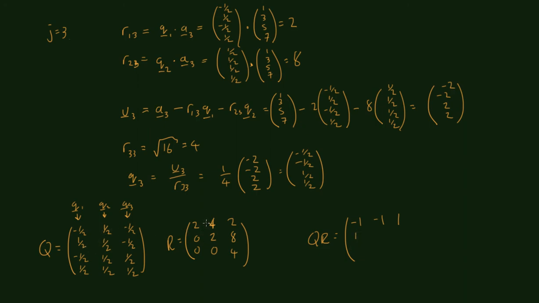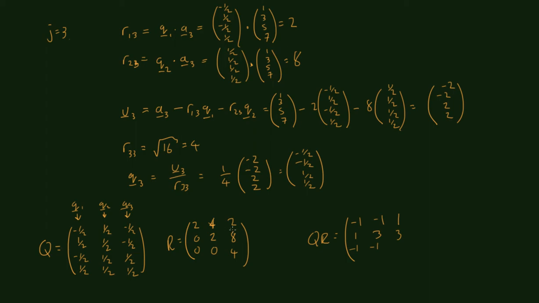So a half times 2 is 2 plus half times 2, so that's going to be 3. Half times 2 is 1, a half times 8 is 4, so that's going to be 5 minus 2, so that's going to be 3. That's going to be minus 1, and that's going to be minus 1.